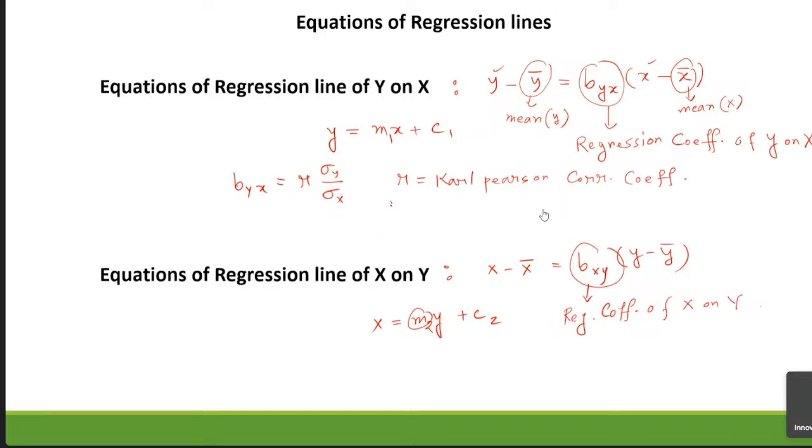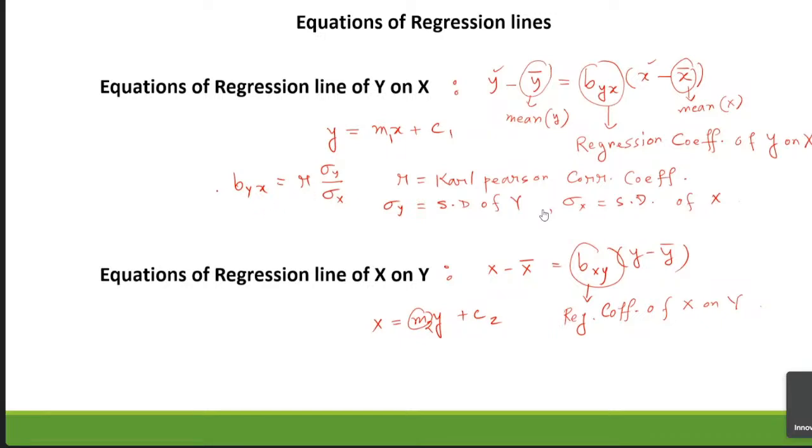Sigma y and sigma x, there sigma y is the standard deviation of the y data, and sigma x is the standard deviation of the x data. However, there are different formulas when we solve any example of a large data set.